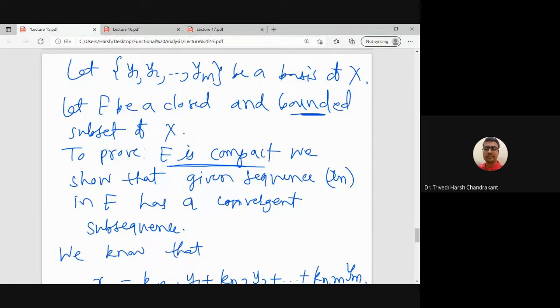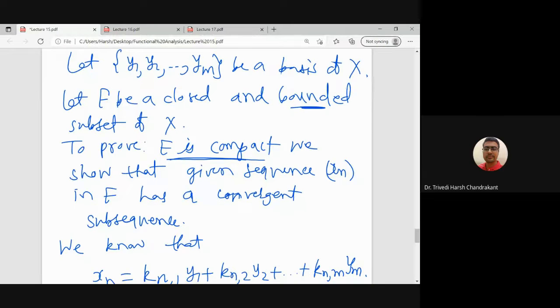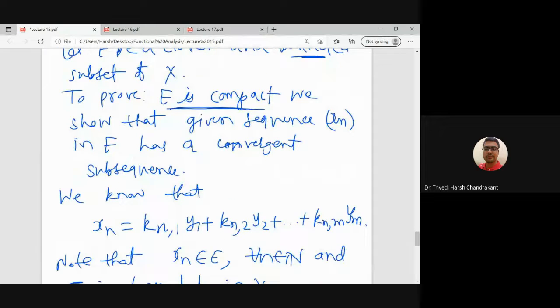An equivalent condition for compactness in a metric space is that every sequence has a convergent subsequence. So that is what we will prove here. To show E is compact, we will show that every sequence in E has a convergent subsequence. So xn is a sequence in E and E is bounded, therefore xn itself is a bounded sequence.